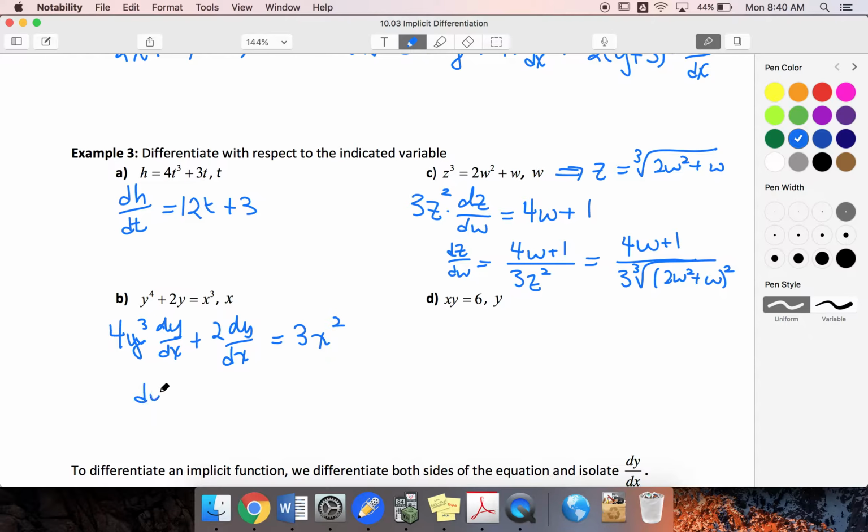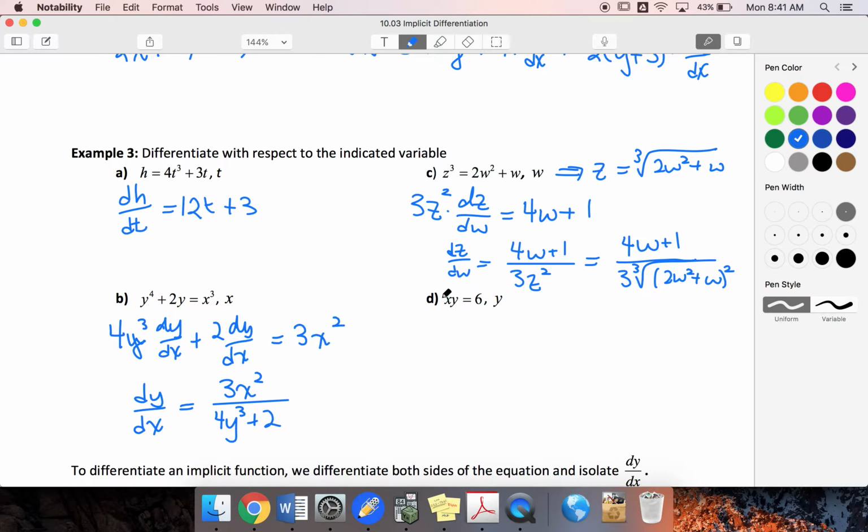Now I can isolate my dy/dx by factoring, and I'll get 3x squared divided by 4y cubed plus 2. And again, in this case, I can't go back and replace my y because finding y explicitly is really difficult.